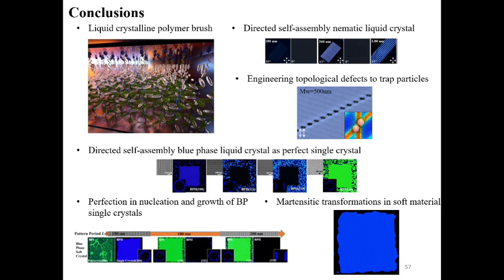You have the substrate grafted with those brushes, and the side chain of the brush can be tuned to be either perpendicular or parallel. And further, if you have small molecules based on the side chain, they can be oriented this way or this way.